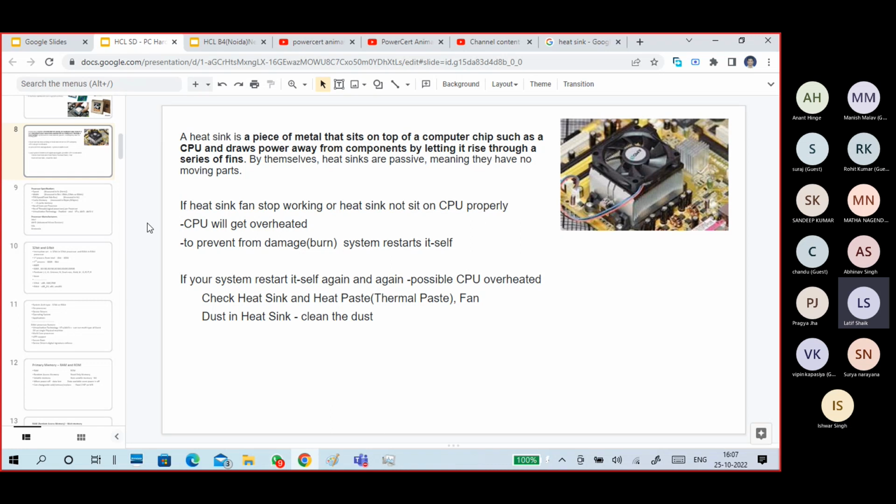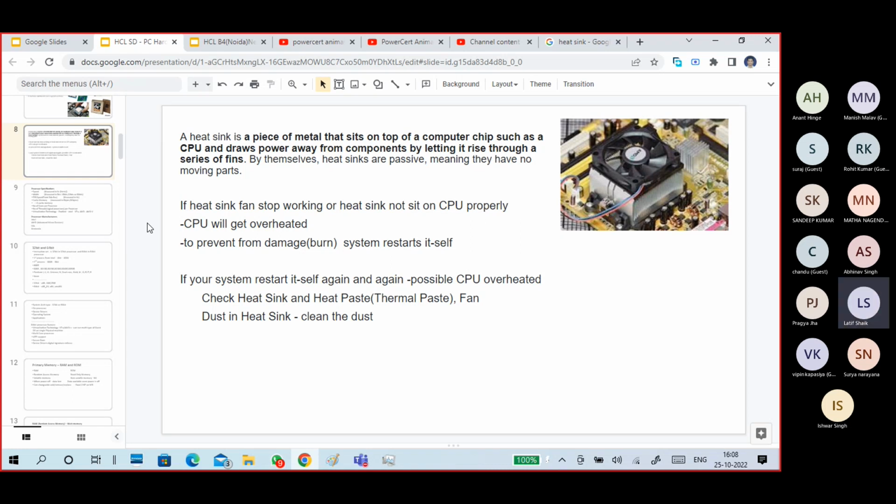In order to protect your system from overheating, the system automatically tries to restart itself without showing any warning. Your computer checks the temperature of your CPU, and if it crosses the limit, it restarts automatically.